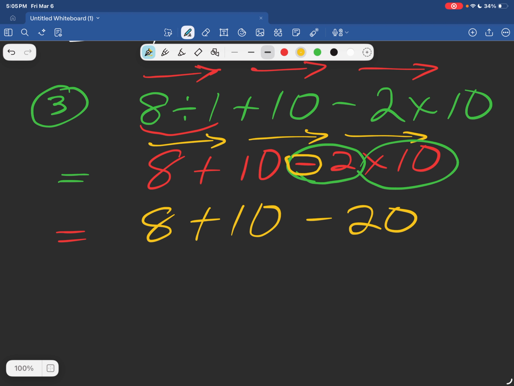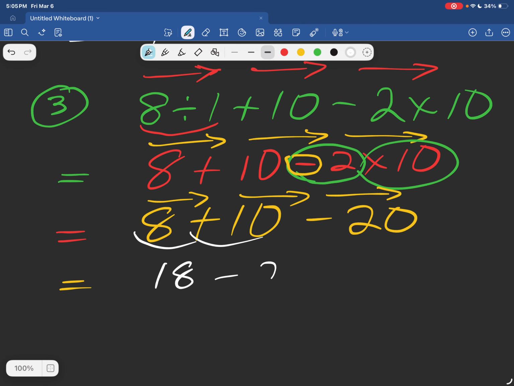Scan through again. Go from left to right. Scan through the signs, and we see that we have an addition sign and we have a subtraction sign. We must do this by going from left to right with our operation. So we are going to do 8 plus 10, which is 18, minus 20.